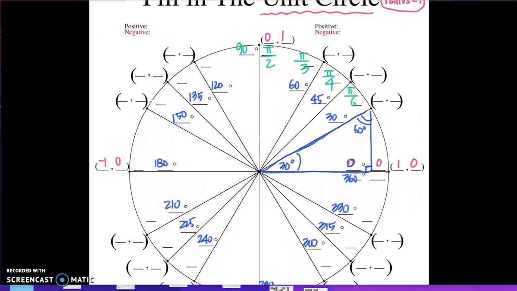And guess what? The radius, which is right here, is 1. Remember, the radius is 1 because it's a unit circle. Well, if the radius is 1, the shortest side is going to be a half. If the shortest side is a half, that means the medium side is going to be half root 3, so it's going to be root 3 over 2. That means I went to the right root 3 over 2, and I went up a half. And look, short is half, long is root 3 over 2.